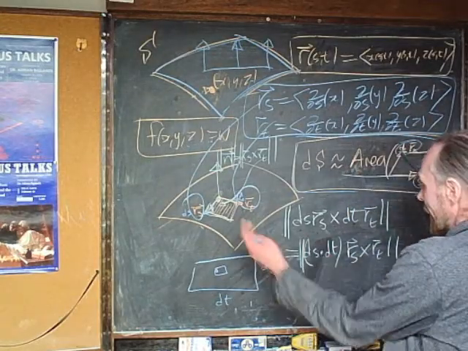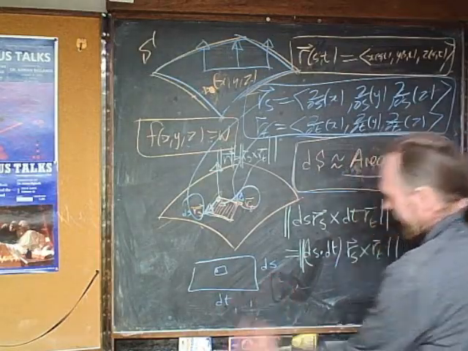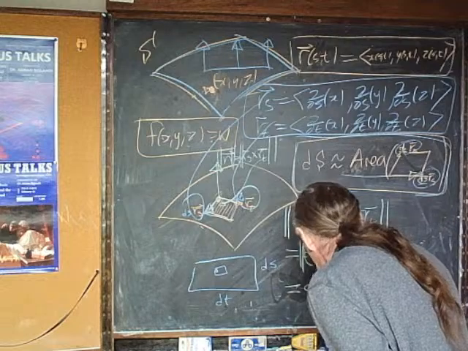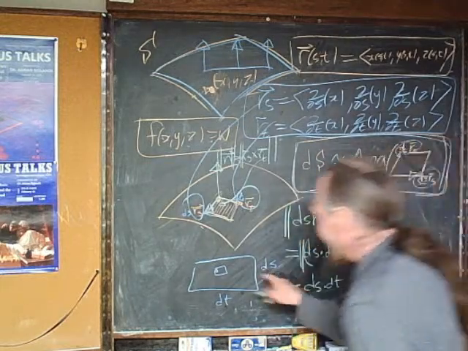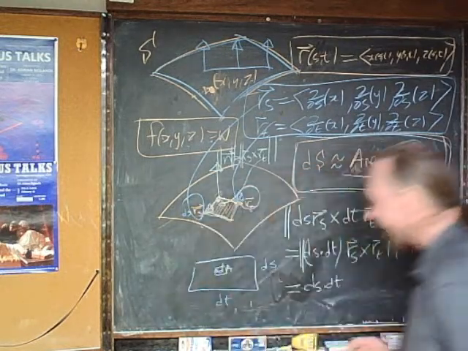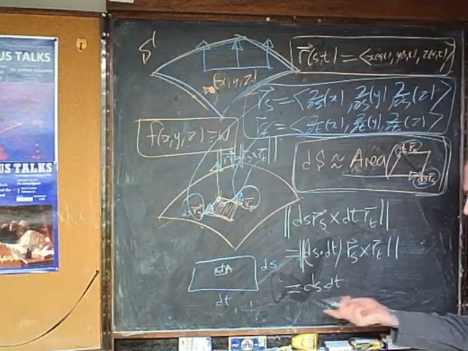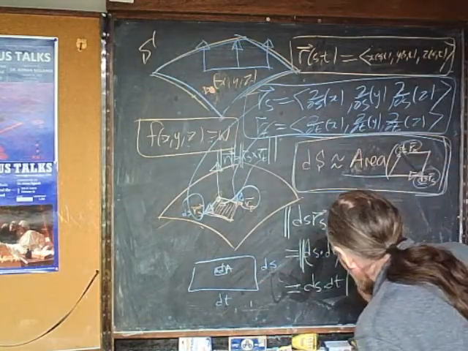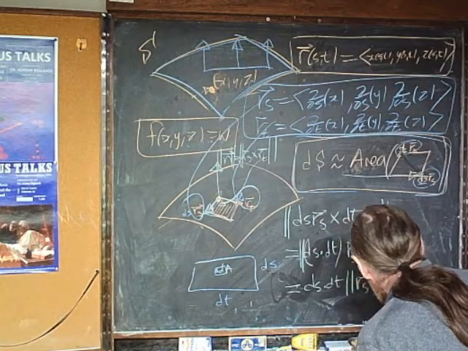This is a number. They're both positive numbers, so we can take those outside in absolute value, but I'll suppress the absolute value. This ds dt we usually call dA. I'm going to get in a second the area of that small rectangle, which is this times this. And then this is times the magnitude of r_s cross r_t.